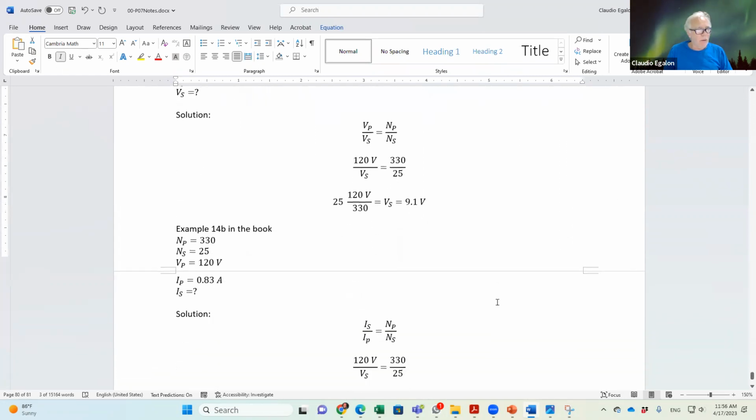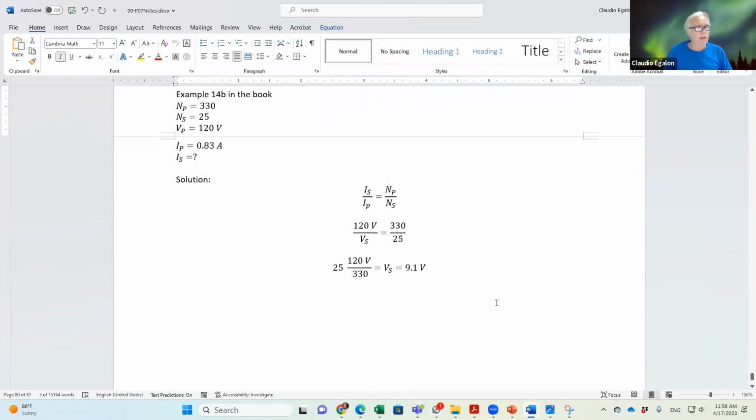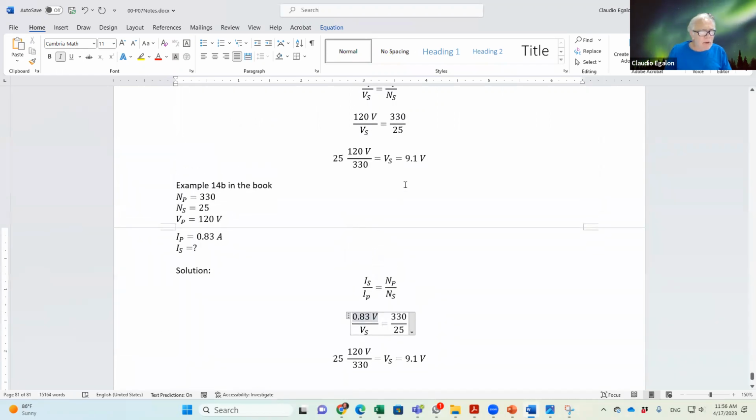And now that we got it, here the I primary, if we step up, let's see here. No, we step down on the voltage. If we step down in the voltage, we are going to step up in the current.